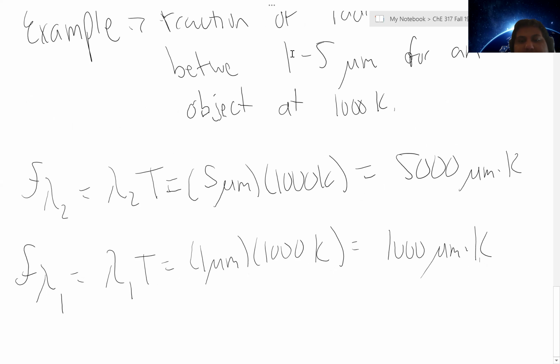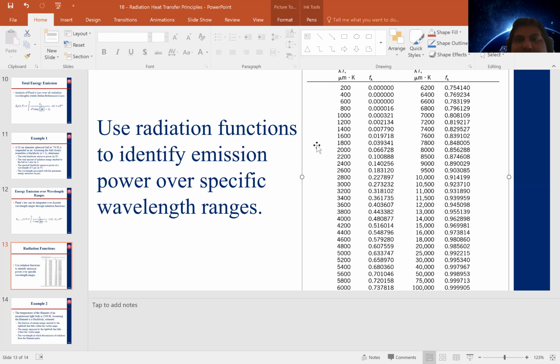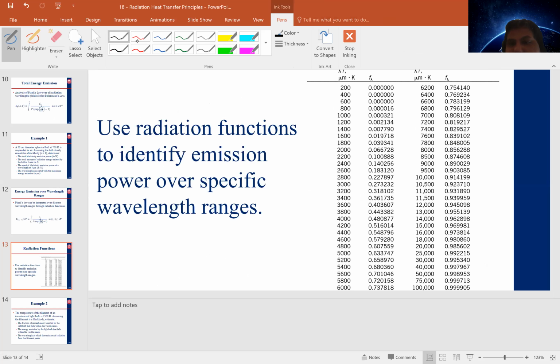And so what should I get for my radiation functions for these values? What I need to look at is my value associated with 1000 micron Kelvin here and 5000 micron Kelvin, which is here. So at 5,000, I have 0.633747.